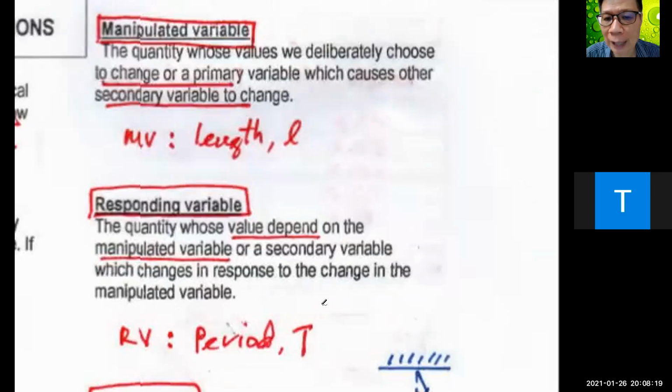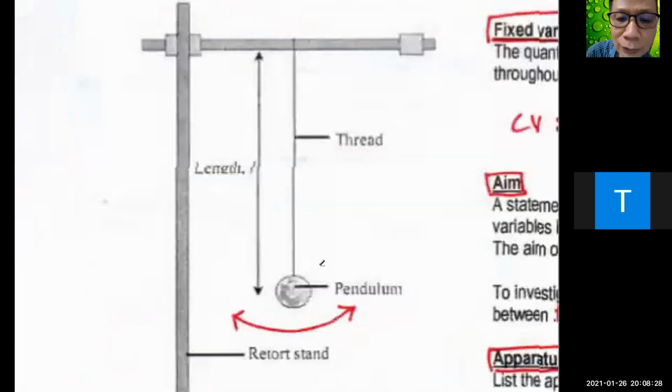Okay, now I want to ask you, how do we count one oscillation? I'll explain to you now. One oscillation is you count like this. You start from here. You see my cursor here. When you let go of the pendulum, it will swing to the right. Then after that, come back.